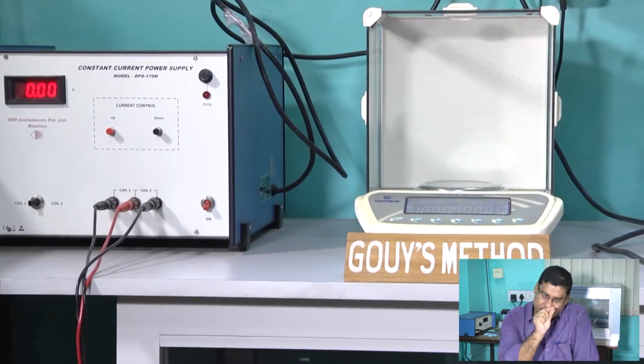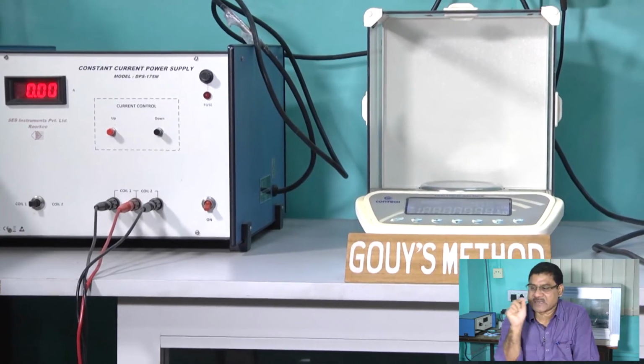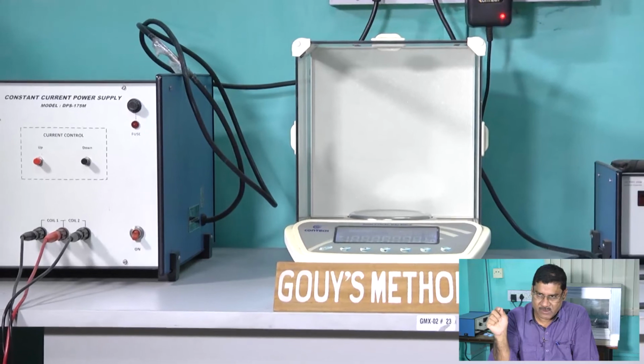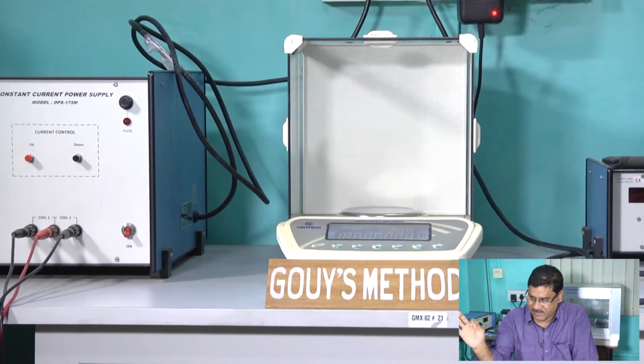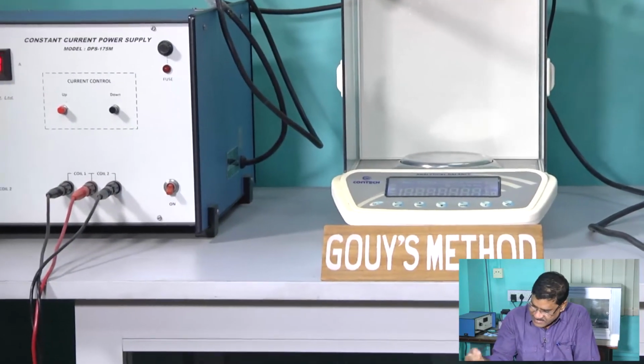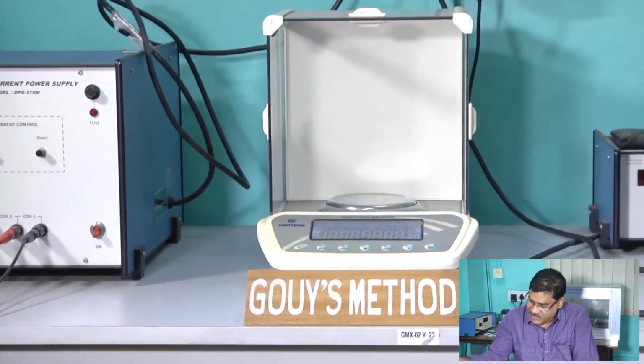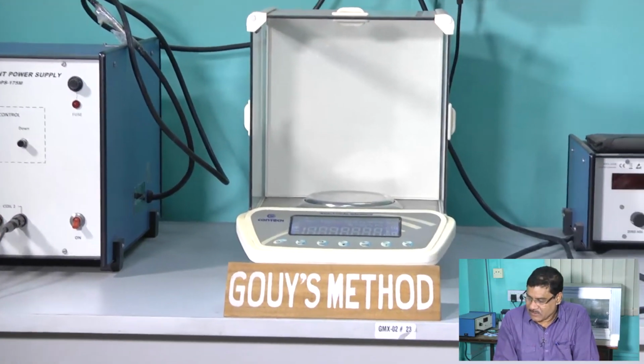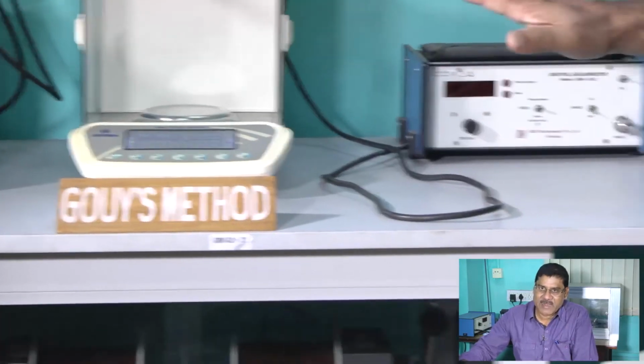So, I will get the data of magnetic field versus del m. In this balance, there is a facility so that I can initialize the initial mass as 0. Okay, so then what will happen?